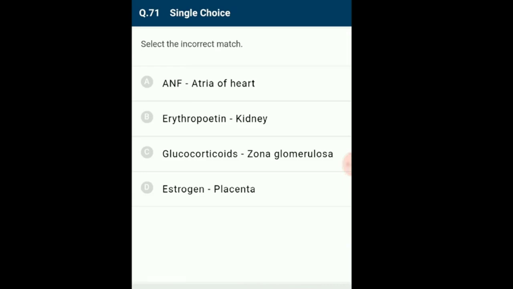Cortisol is also involved in maintaining the cardiovascular system as well as kidney functions. Glucocorticoids, particularly cortisol, produce anti-inflammatory reactions and suppress the immune response. Cortisol stimulates RBC production. So the answer is option C. Glucocorticoids, zona glomerulosa. That is the incorrect match.